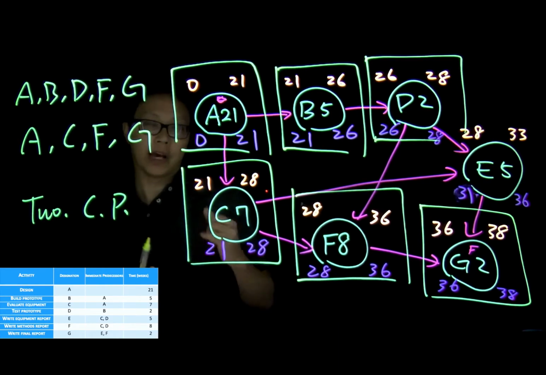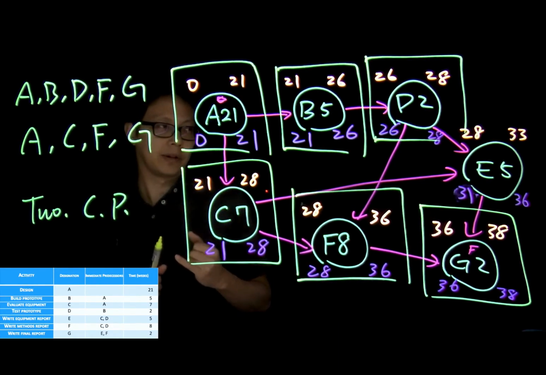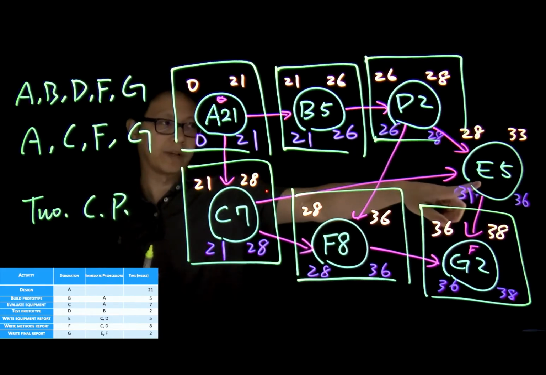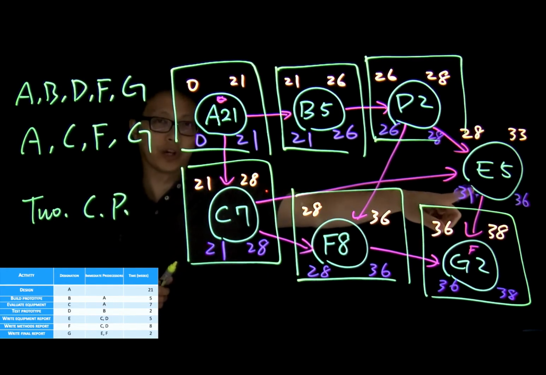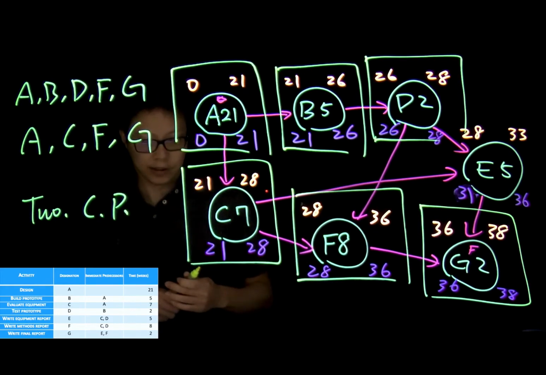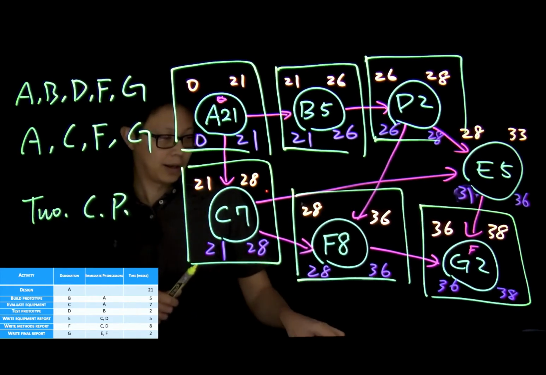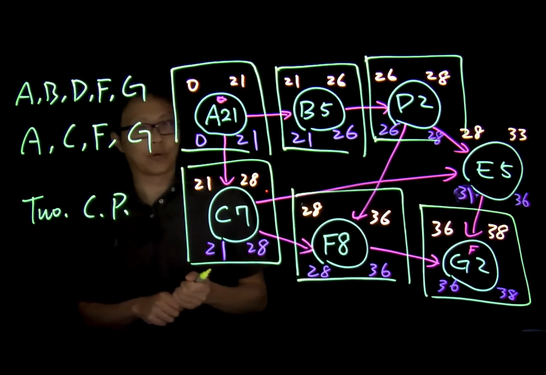And the only activity that allows a certain delay will be activity E. So we will be able to delay activity E by 3 units of time because the slack time is actually equal to 3.